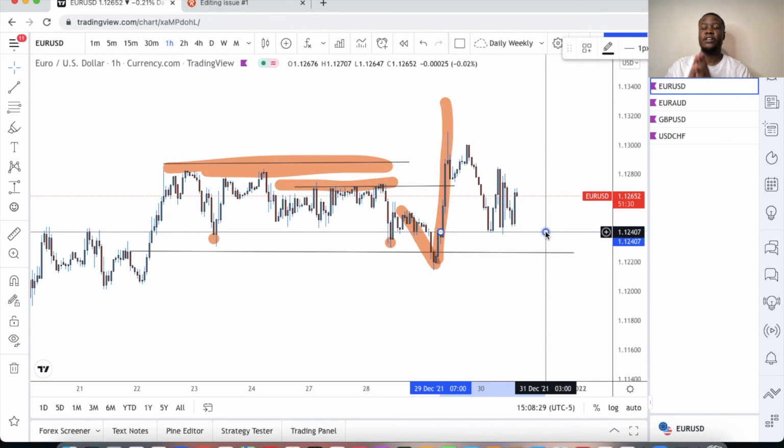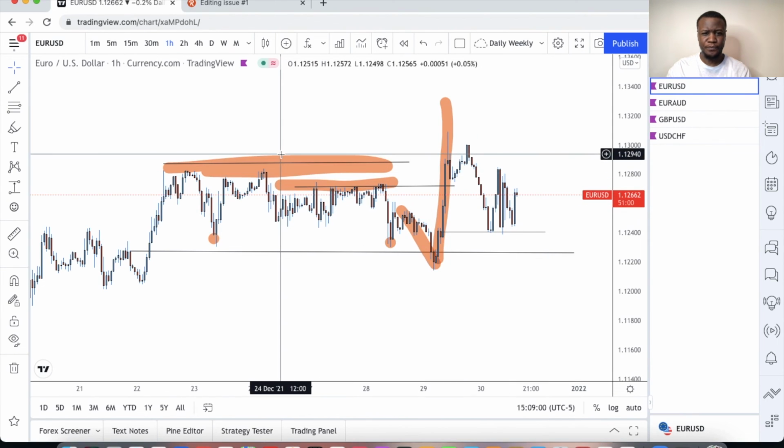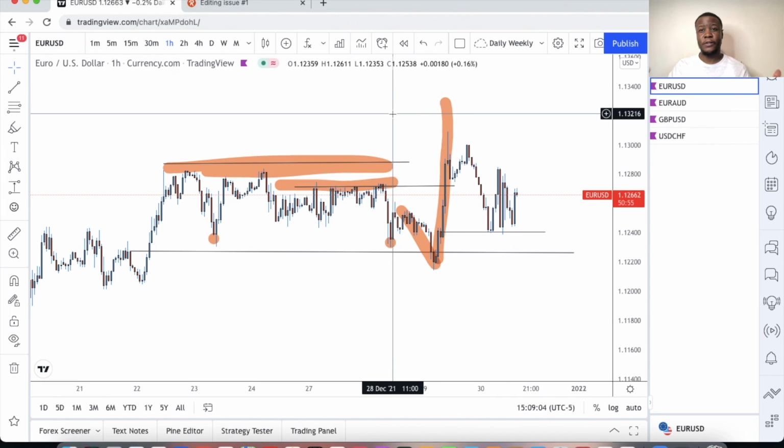So that's why you get in and you get out. You do not hold the trade, and you should be good. Get in, get out, and that's it for the trade. This is the return candle entry strategy. Straightforward, simple for you guys to just get in and get out of the trade.